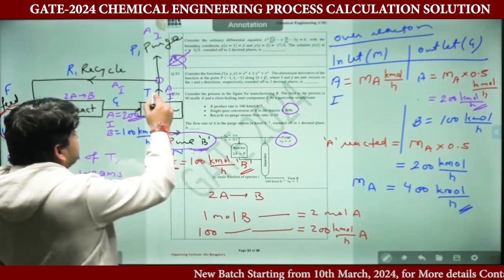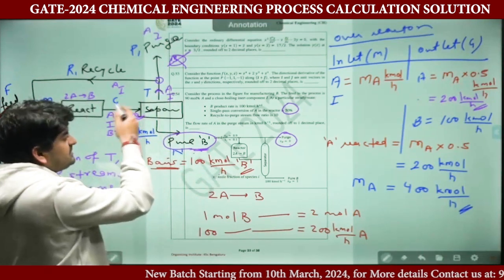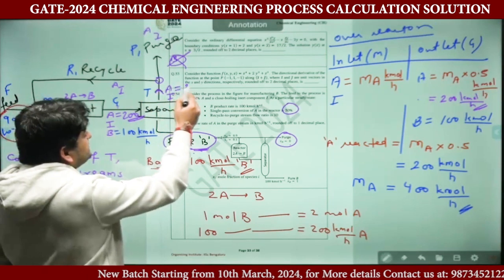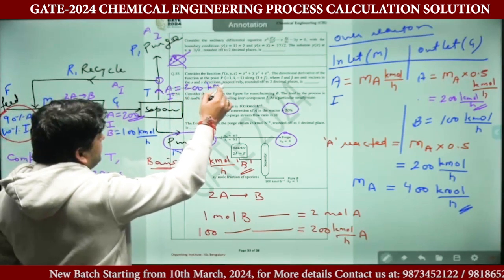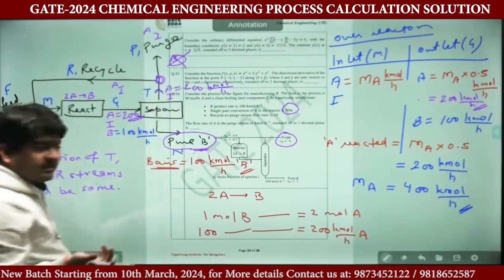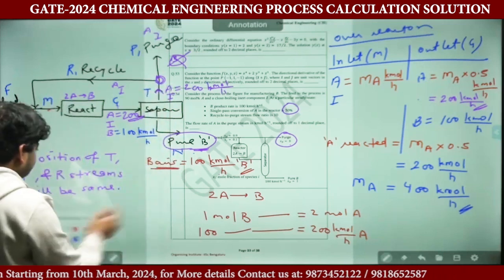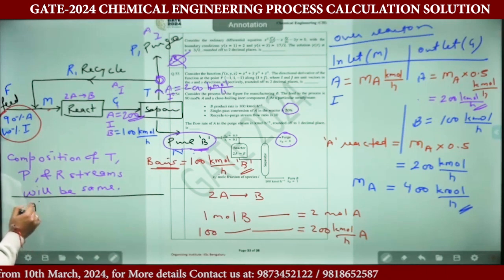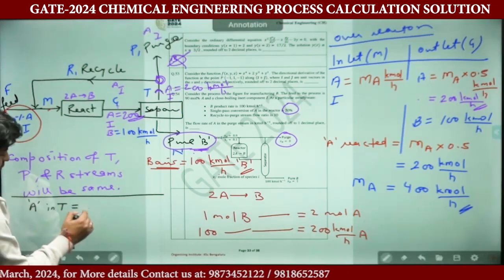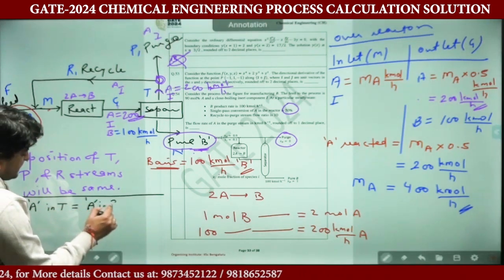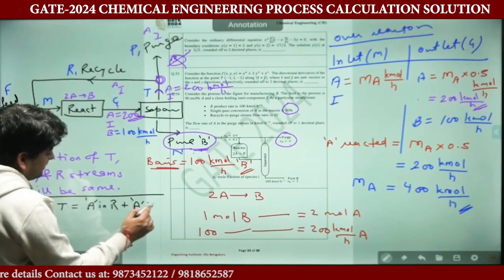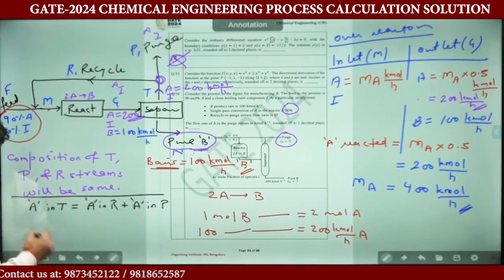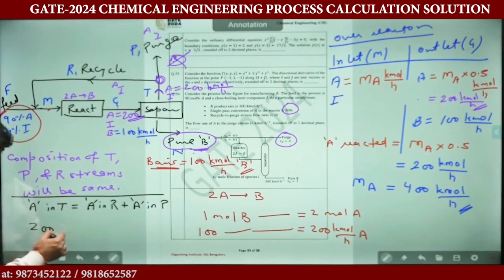So whatever A is there in the G stream, the same amount of A is there in the T stream, 200 kilomole per hour. Now on the splitting point, if you do the balance over component A, you can say A in the T stream equals A in the recycle stream plus A in the purge stream. So A in the T stream is 200 kilomole per hour.